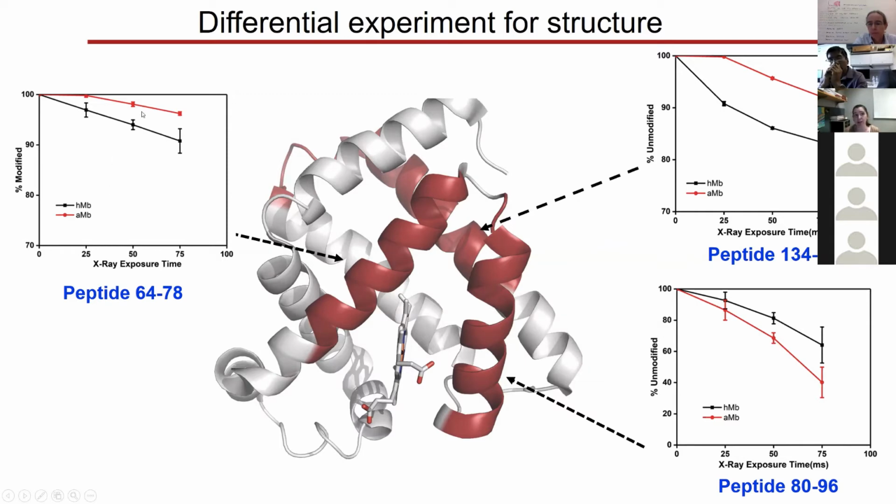So we see an increase in labeling with CF3 in the apo myoglobin compared to the holo myoglobin. So we established a very nice correlation, just using holo and apo forms, with structural information when we use CF3 labeling.